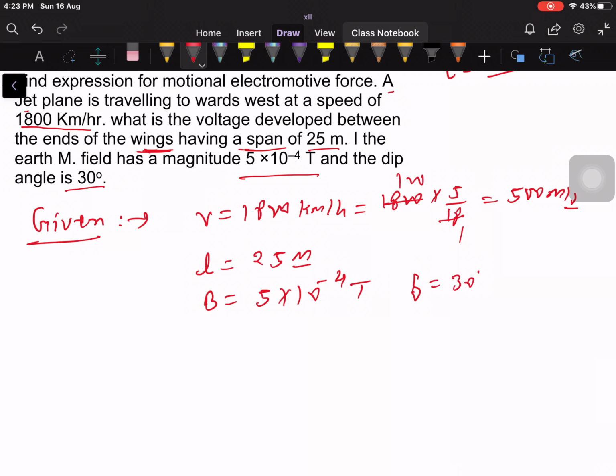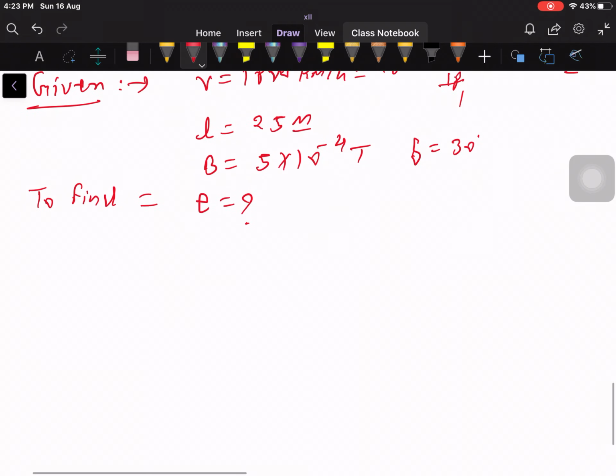Okay, so now to find E, we have the formula E is equal to BLV, simply.